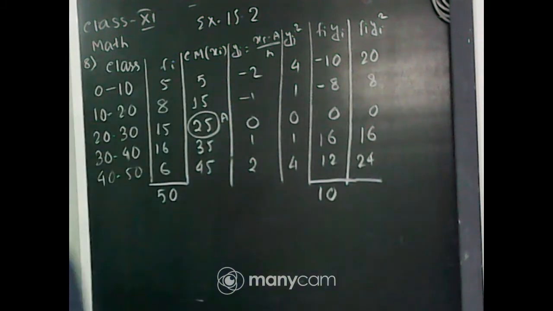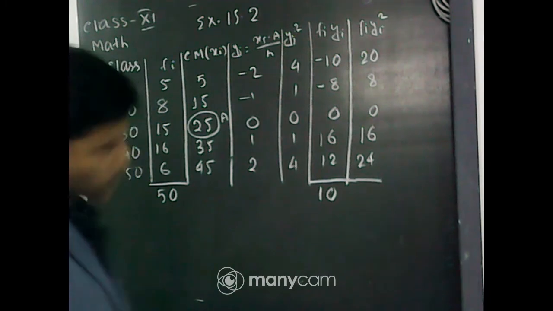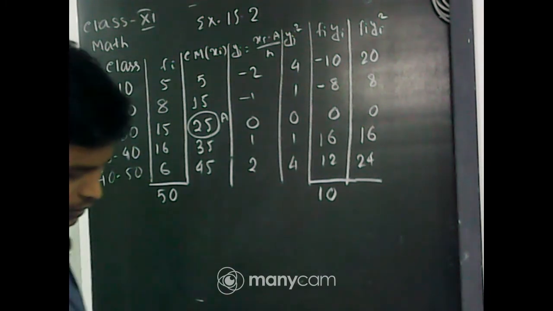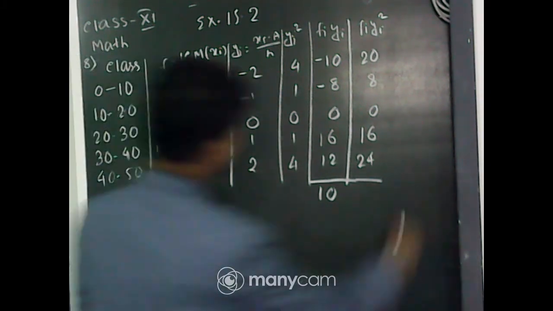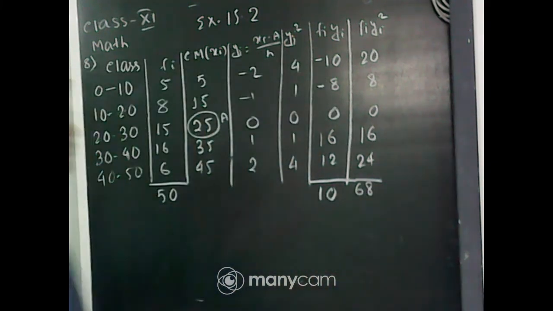And find the summation of fi yi square: 20, 28, 28, 44, 68. So this is equal to 68. Now my table is completed.